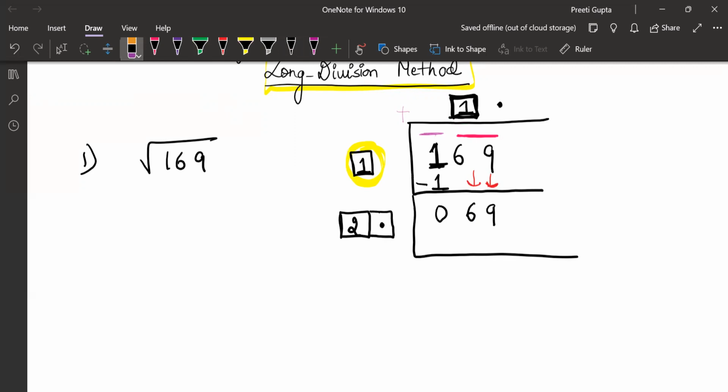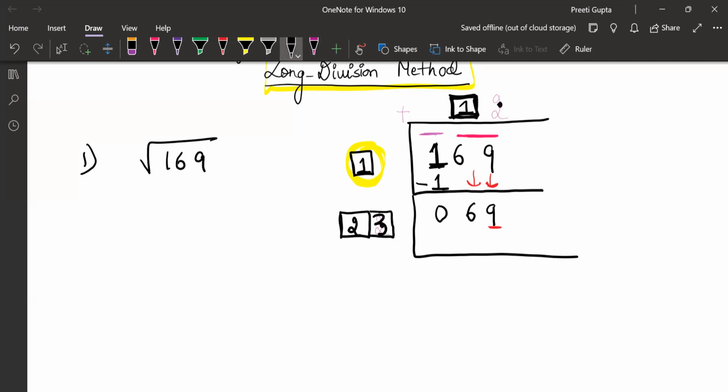If I put 1 over here, so 21 1s are 21, that is wrong, absolutely. That is pretty far from the 69. If I put 2 over here, we need to put 2 over here as well. 22 2s are 44. That is also pretty far from the 69. And if I put 3 over here, because 3 into 3 is 9, so the last unit digit is 9 over here.